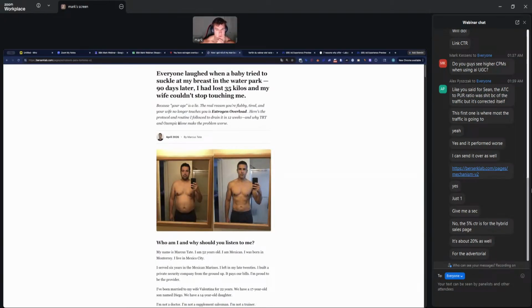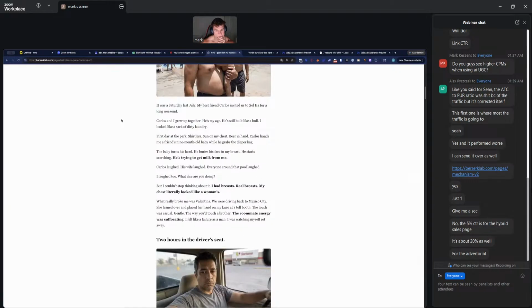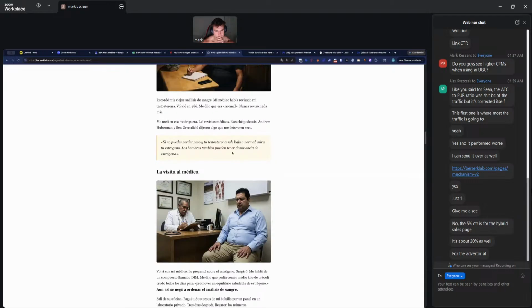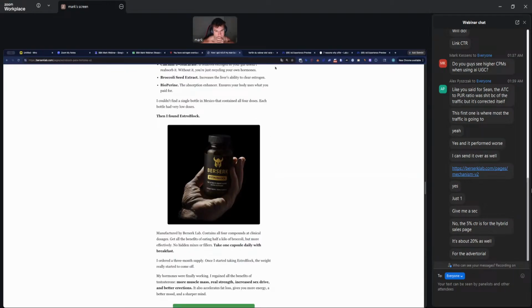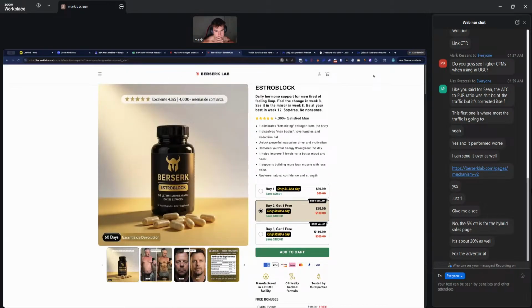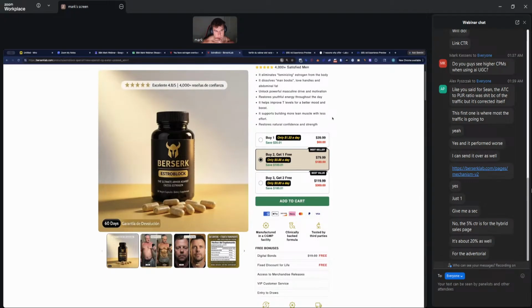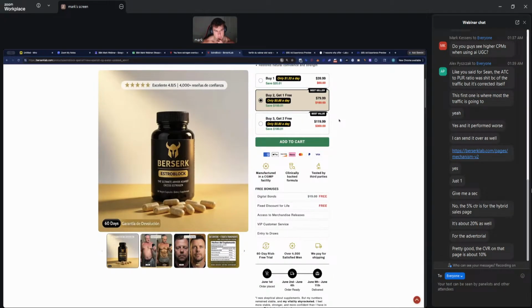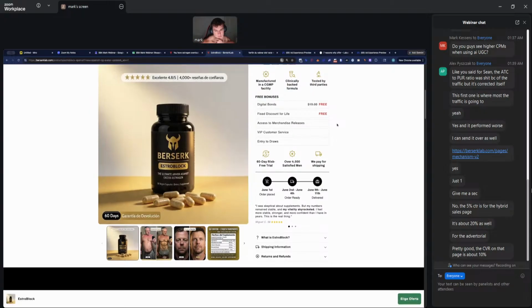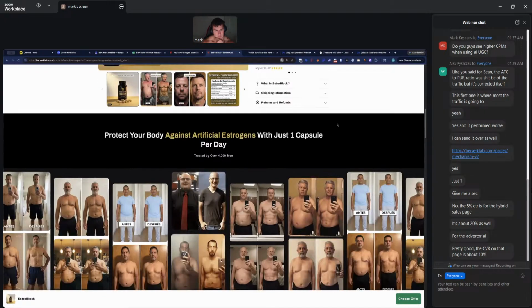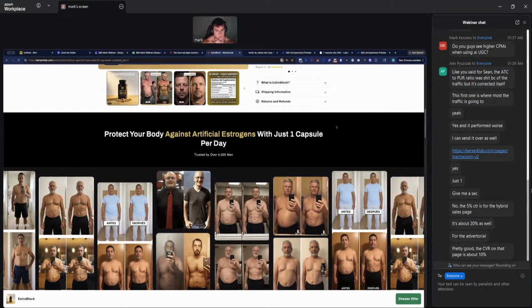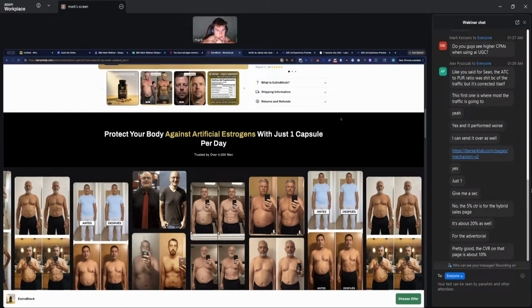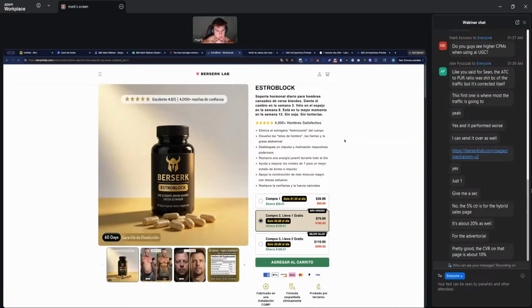And how's the performance of the overall advertorial funnel here? What was the ROAS? What was the ROAS of the advertorial funnel? So they enter through this page, they go to the sales page.